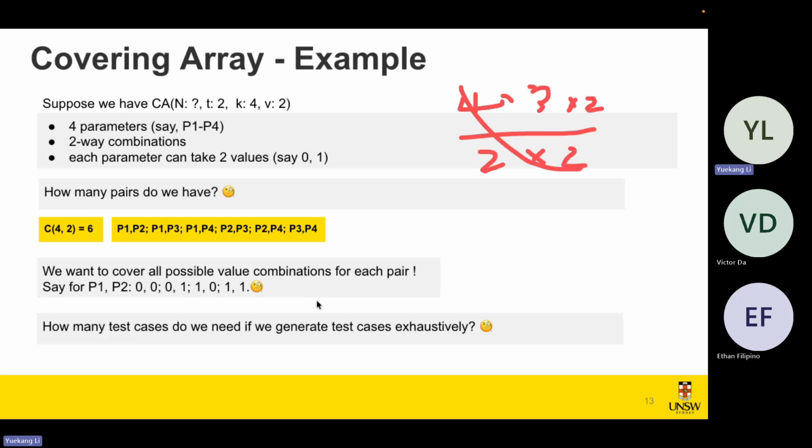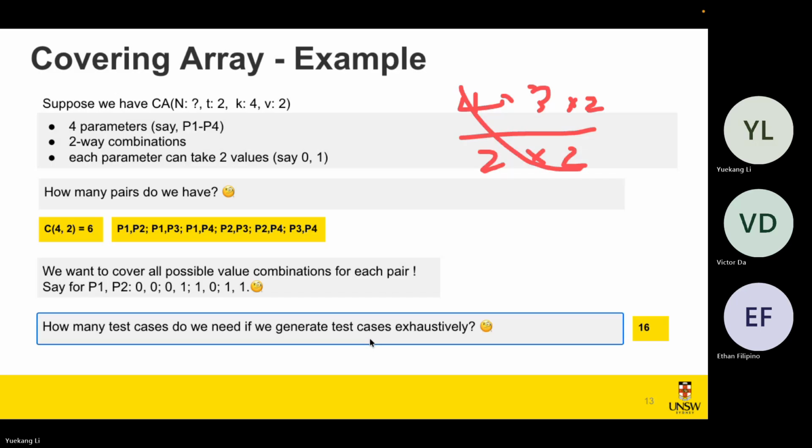If we generate the test cases exhaustively, how many do we need? 16, because every parameter can take 0 or 1, so it's 2 to the power of 4. It's not 4 times 6, because there would be duplicates. So the total number is 16.